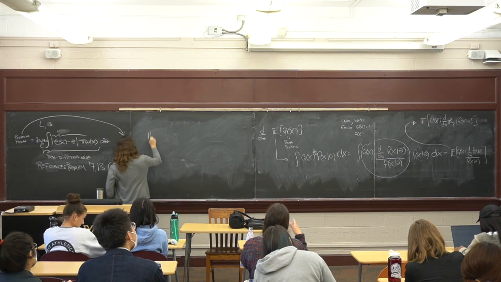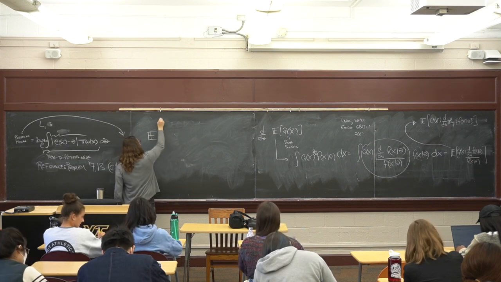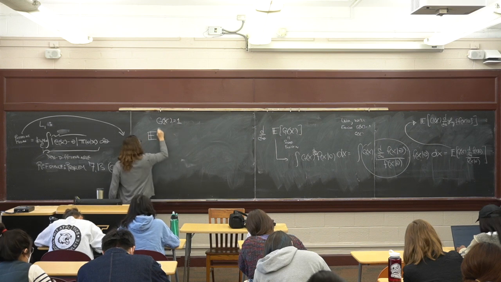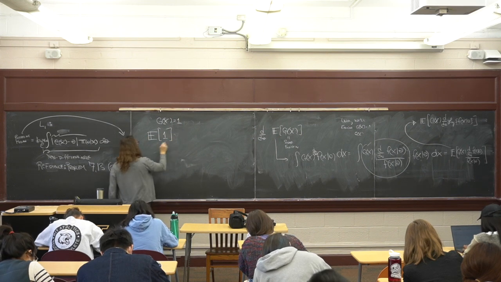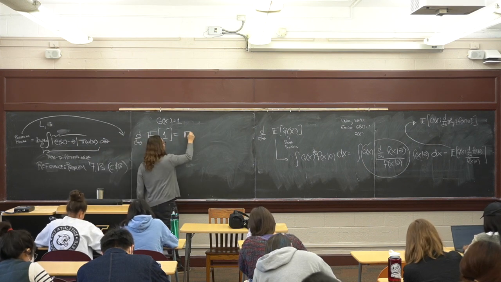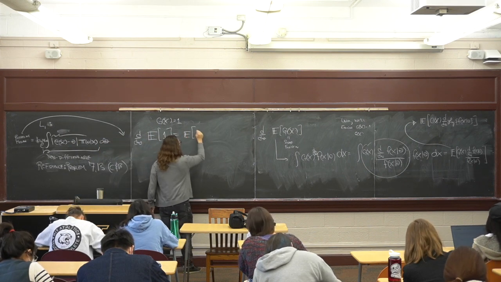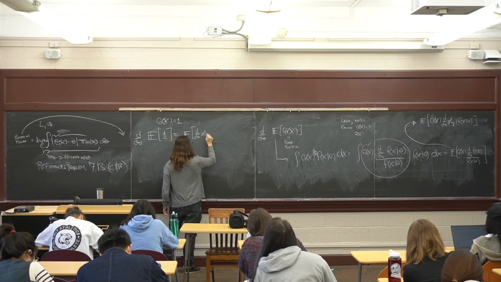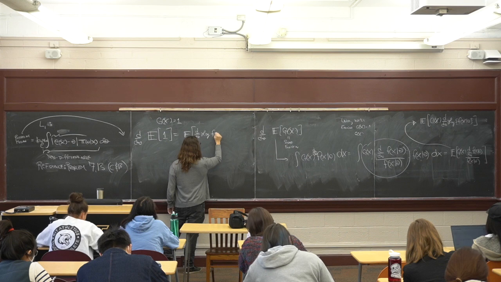So this says, for g of x equal to 1, the expected value of 1, derivative with respect to theta, is equal to the expected value of the derivative of the log likelihood.